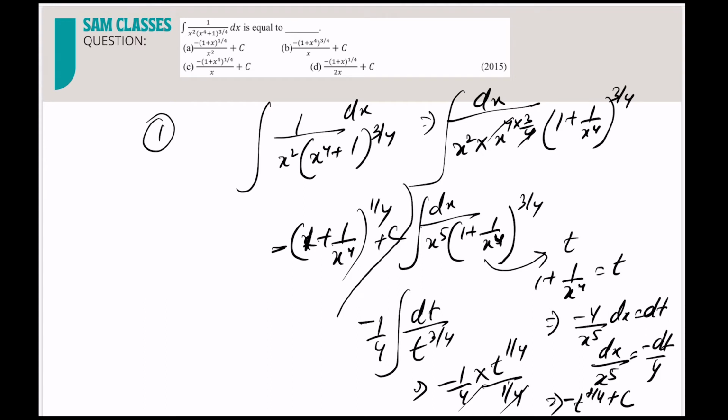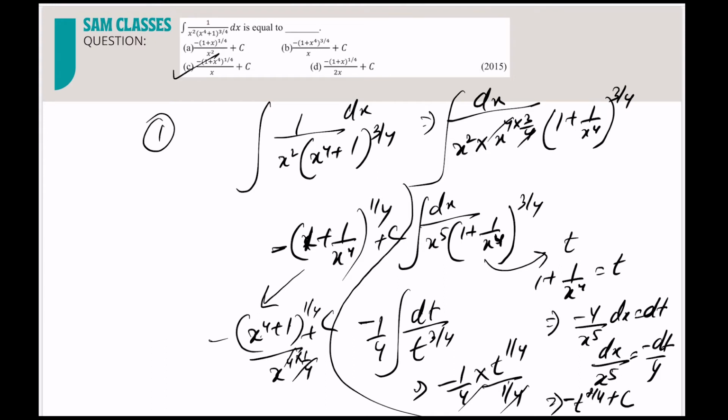Now do the LCM. I'll get x power 4 plus 1, because the answer is given in that form, whole power 1 by 4, over x, plus c, with a minus sign. So this is the answer. Clear?